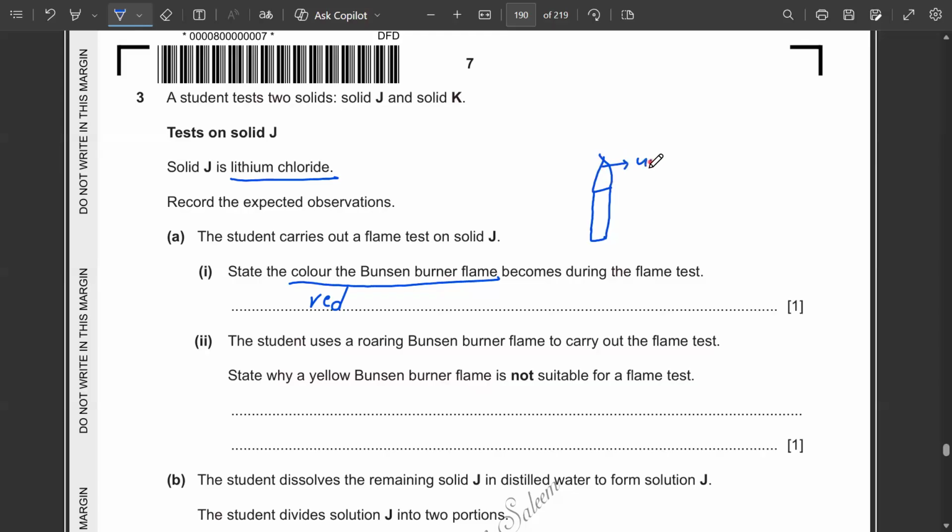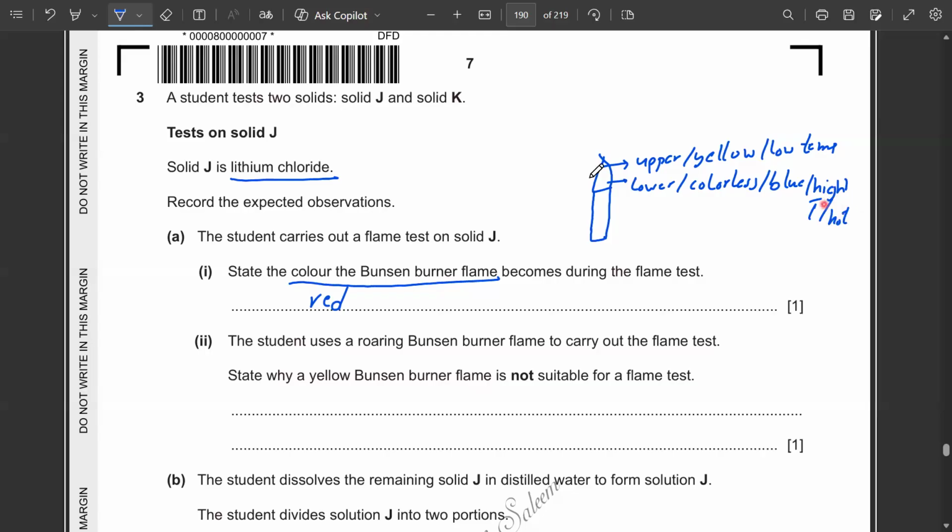The upper portion is basically a yellow color and the lower portion is sometimes said to be colorless, sometimes it is blue in color. The yellow flame has low temperature and the lower portion has higher temperature. It is the hotter portion.